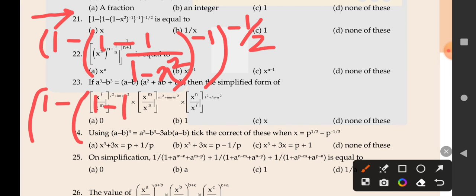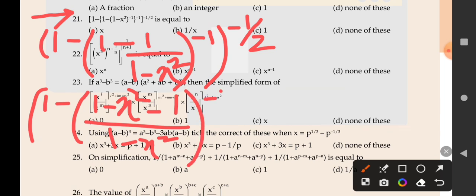So minus 1 means we are going to now... Correct. So 1 minus x square, that is LCM, 1 minus x square minus 1 divided by 1 minus x square whole raised to minus 1, whole raised to minus 1 by 2.